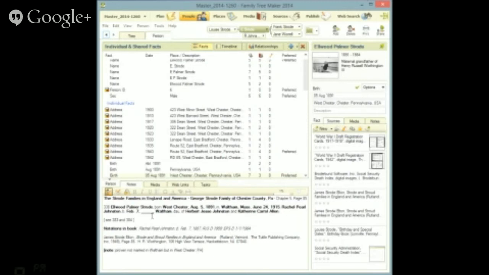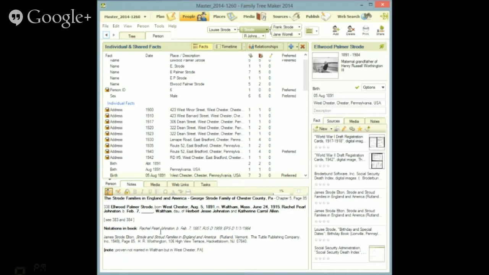And I want to deal with this entry that says February 4th in Waltham, but there's no year. And there's a note down here that was handwritten in the book by someone, I'm not sure who. So I want to deal with that issue right here.